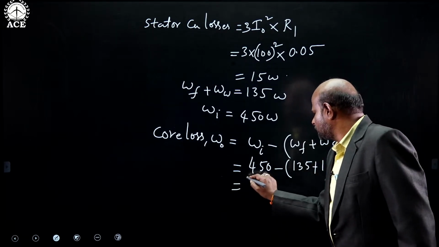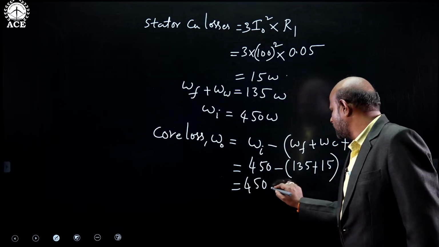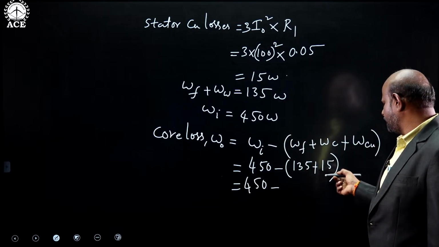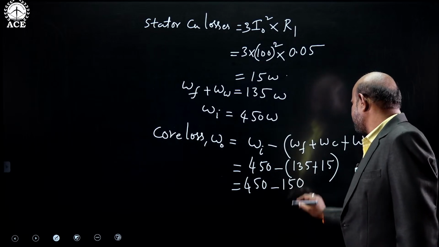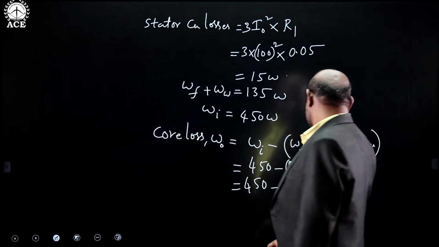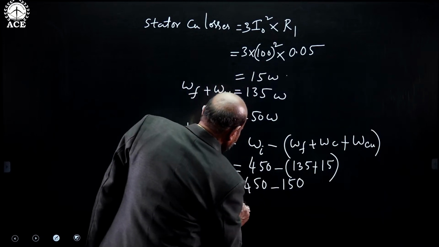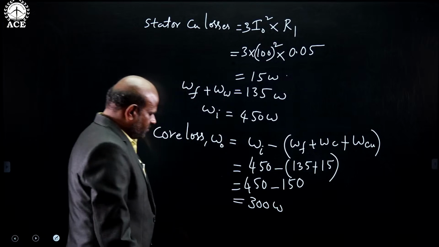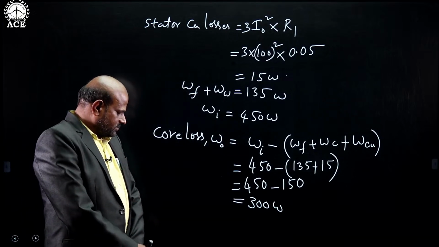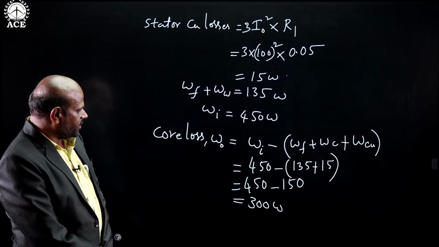Right. So 450 minus 135 plus 15, 150. So 300. 300 watts is the core loss component.